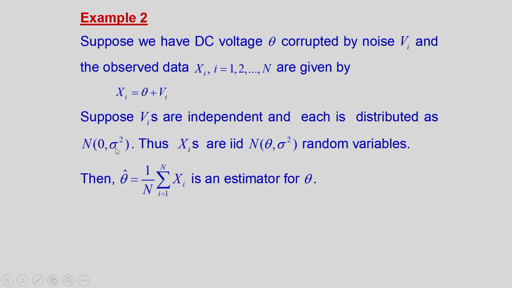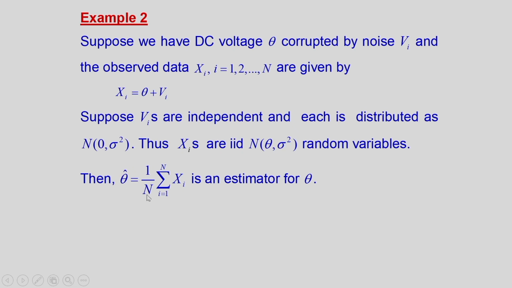It is 0 mean, sigma square is the variance. Because xi is a sum of theta plus Vi, xi's are IID and normal theta, sigma square random variables. So, it is a normal distribution with mean theta and variance sigma square.